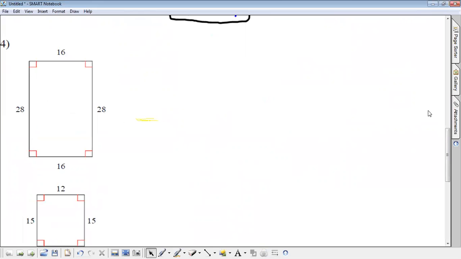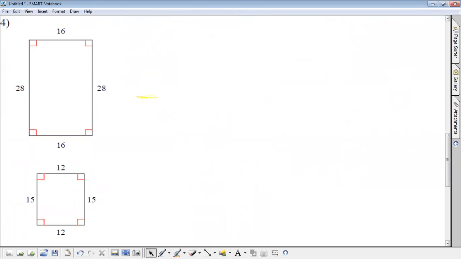Now, there are two conditions. Condition number one is corresponding angles have to be congruent. Remember, corresponding means in the same position. I'm not going to write the word angle, I'm going to put the symbol for angles, and that means that they're congruent.